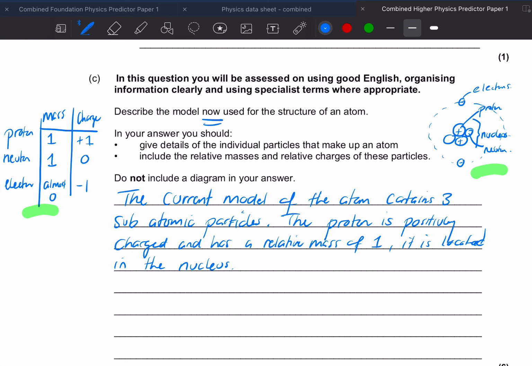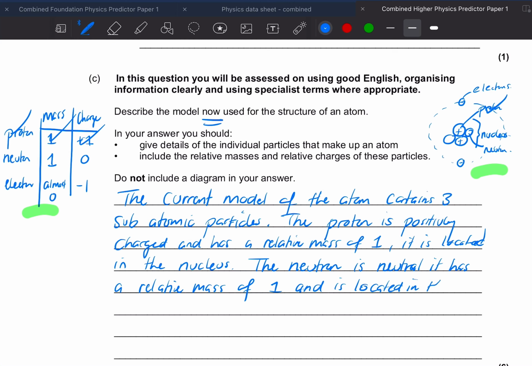Okay, so we mentioned the proton, we mentioned the mass, we mentioned the charge, and we've said that it's in the nucleus, so we've done that one. The neutron is neutral. It has a relative mass of 1 and is located in the nucleus.